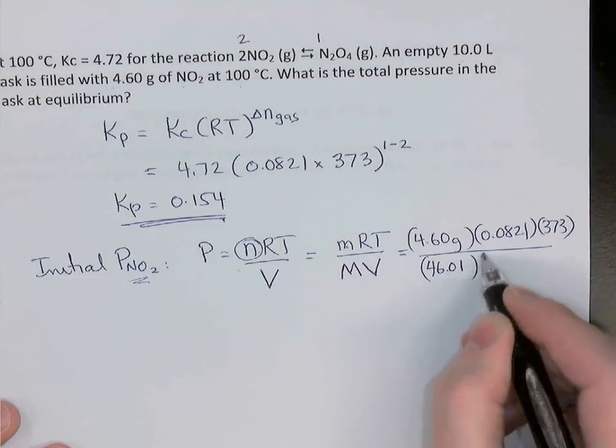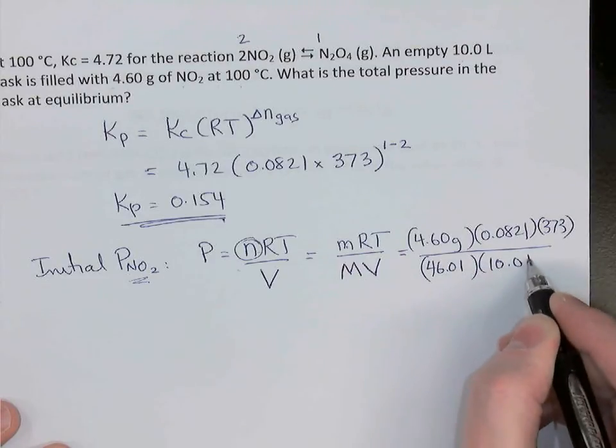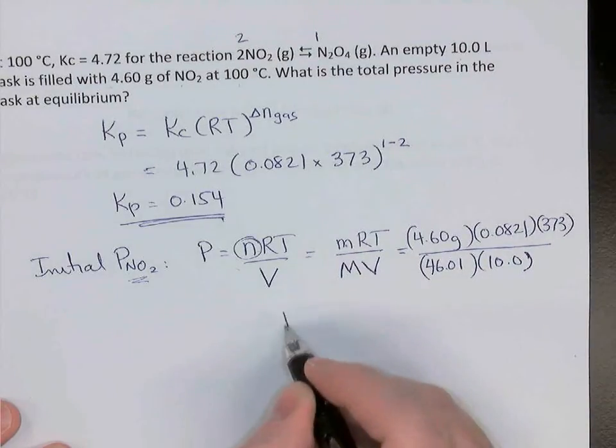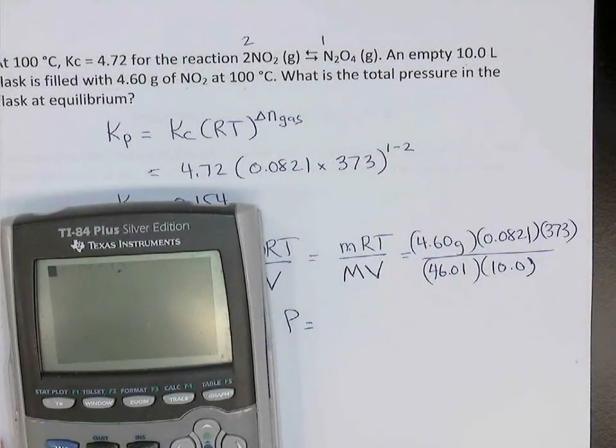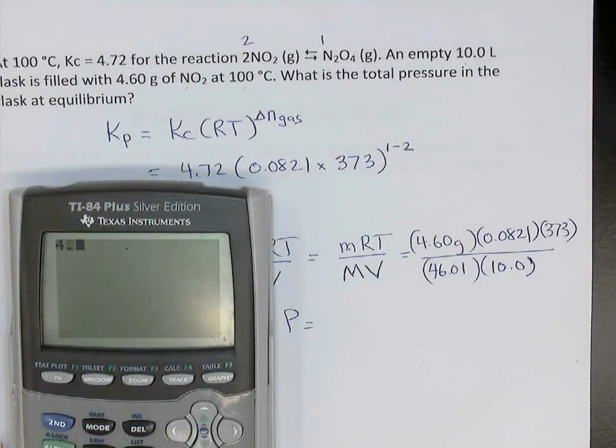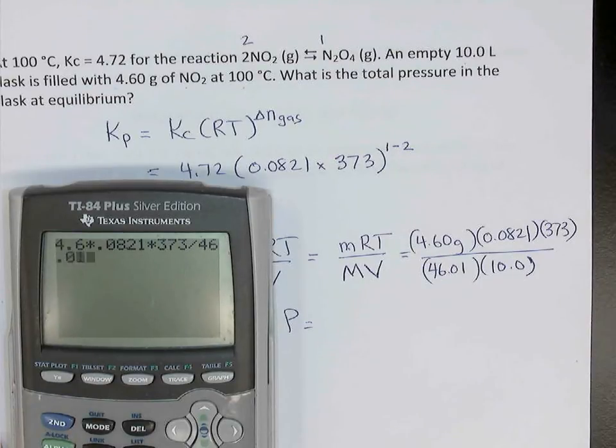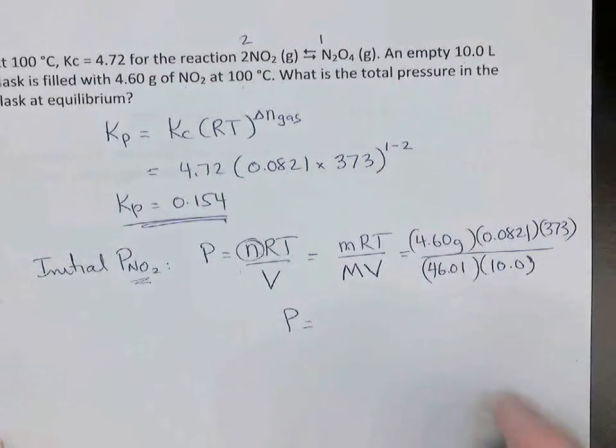That's the molar mass, and the volume was 10 liters. So the pressure in atmospheres initially is 4.6 times 0.0821 times 373, divide by 46.01, and divide by 10. So 0.306 atmospheres.